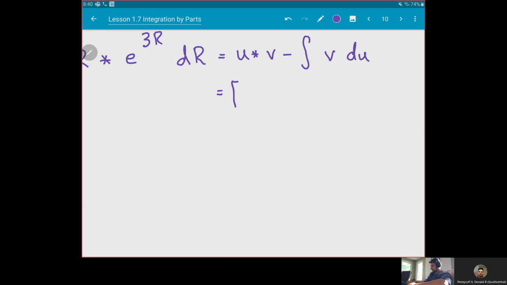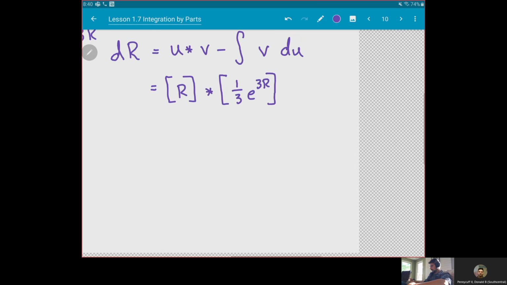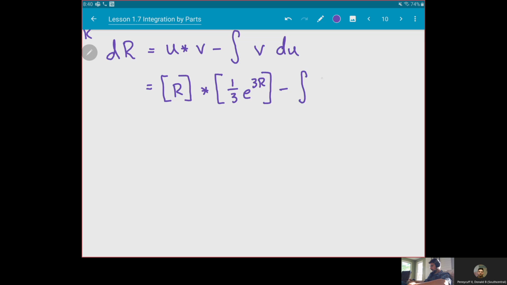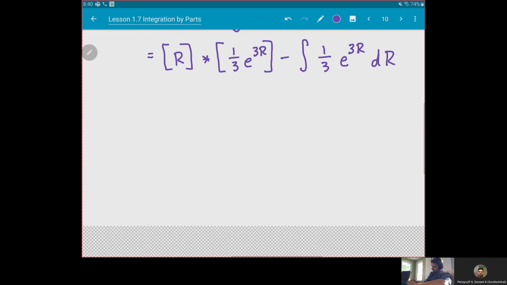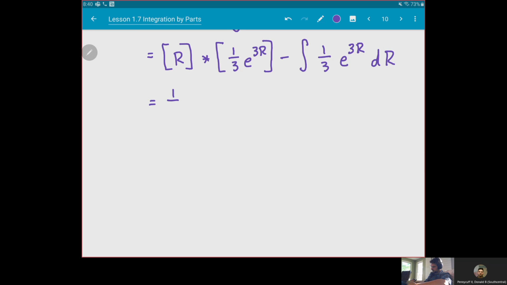That's going to be r times 1/3 e to the 3r minus the integral of 1/3 e to the 3r dr. So this is going to give me 1/3 r e to the 3r minus 1/3 times the integral of e to the 3r dr.